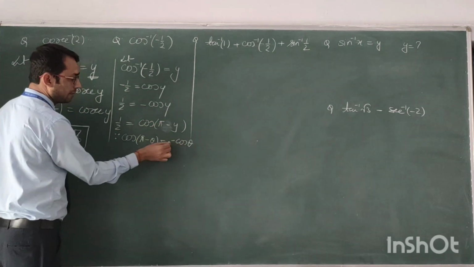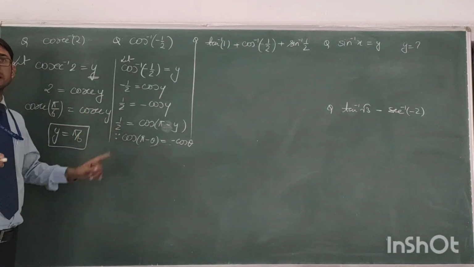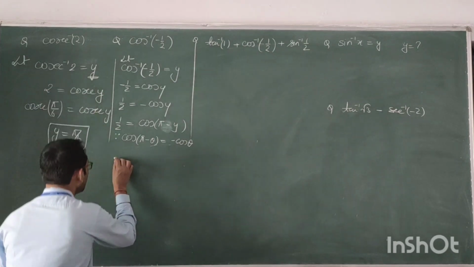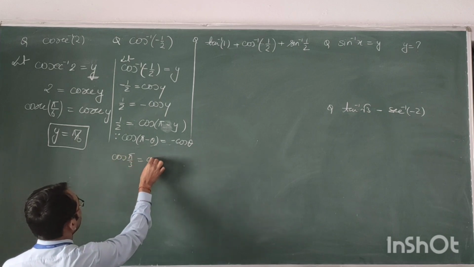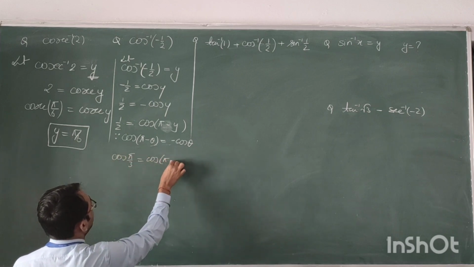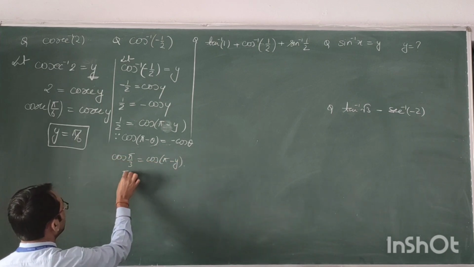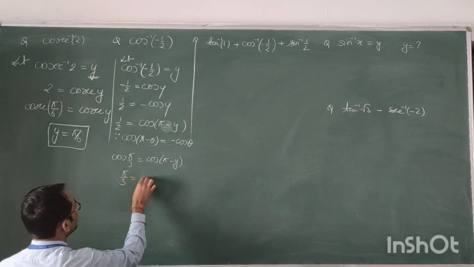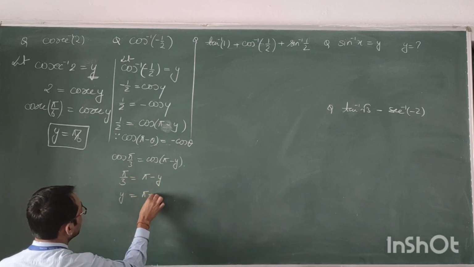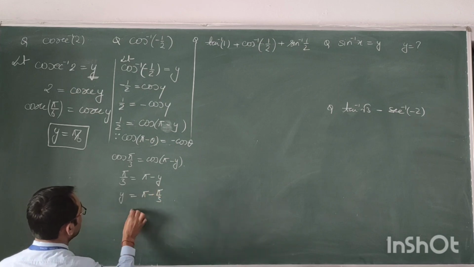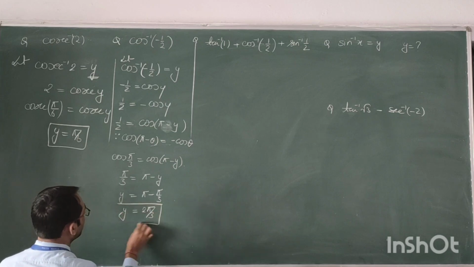Minus cos theta can be written as cos pi minus theta. And 1 by 2 in cos has the value cos pi by 3, which is equal to cos pi minus y. Cos to cos will get cancelled, so pi by 3 is equal to pi minus y. y is equal to pi minus pi by 3, that is 2 pi by 3. This is the value of y.